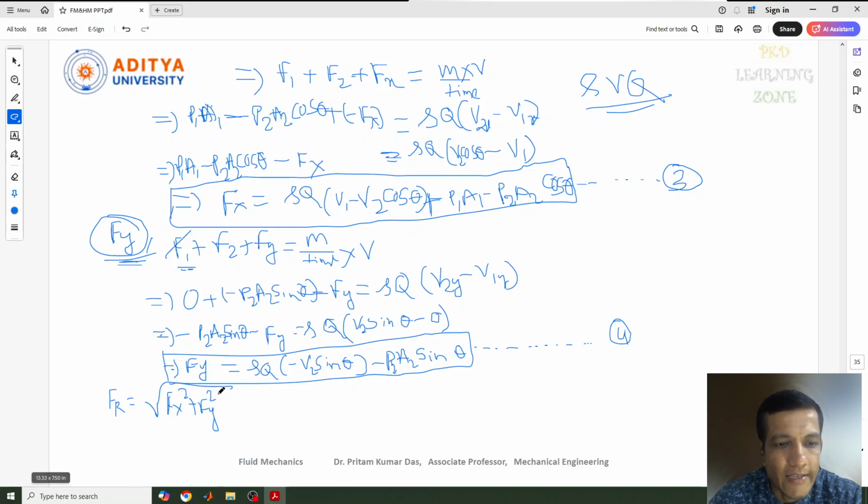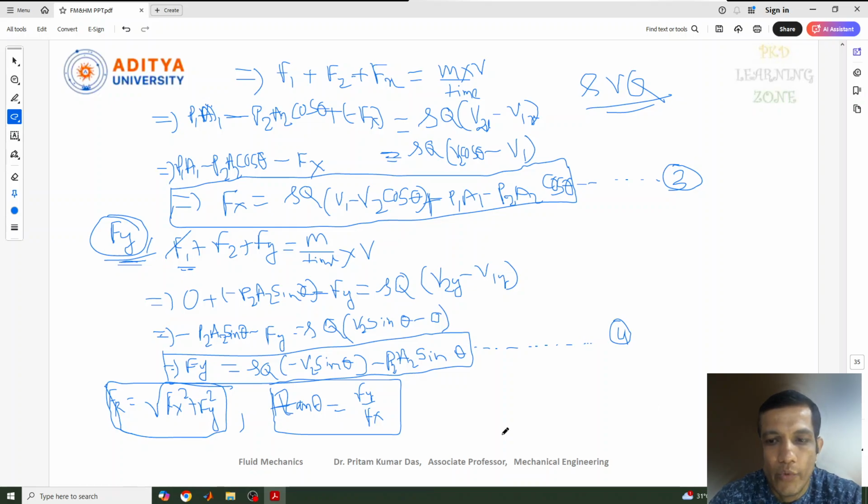This is the resultant force, and similarly we can write the angle made by the resultant force with the x direction or the horizontal direction: tan theta equal to Fy by Fx. These are the two equations.